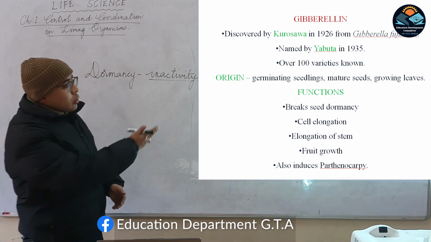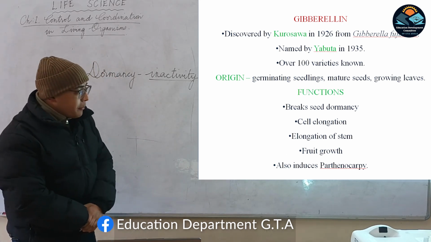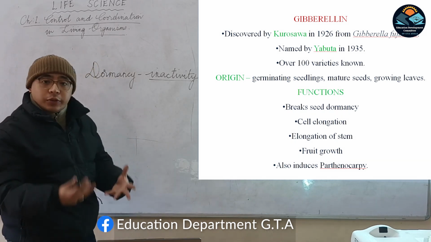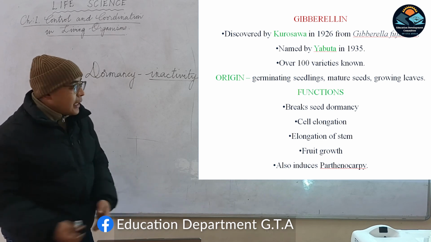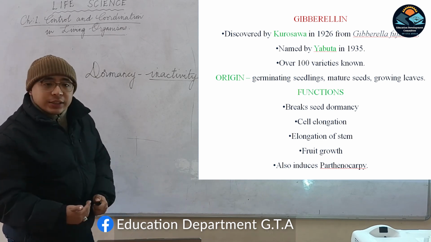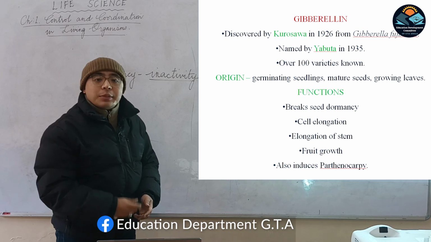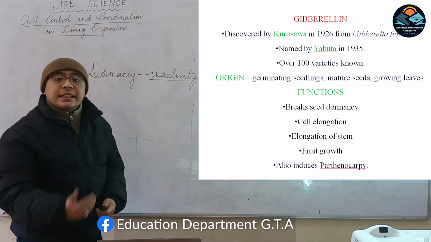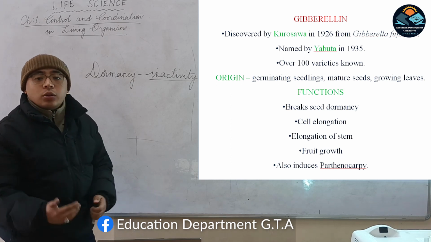So, gibberellins also lead to elongation of the stem. It also influences the growth of the different types of fruits that you can see in the market. And lastly, like auxins, gibberellins also induce parthenocarpy, which we've already talked about earlier, which is the production of seedless fruits without pollination or fertilization.